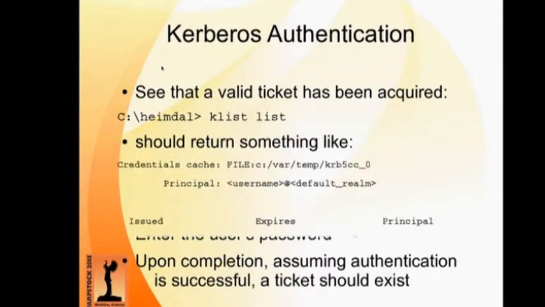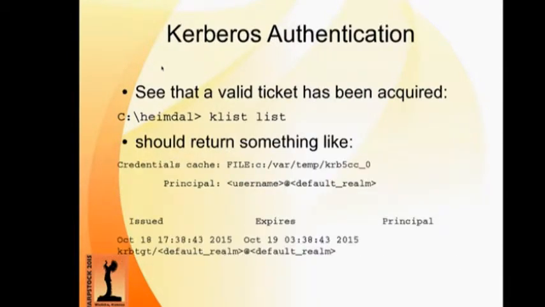And to see what your tickets look like, because you can have multiple tickets, you can authenticate to multiple ticket granting servers and get different tickets for different things, you run klist. On MIT Kerberos, all you need to do is type klist. On Heimdal, it's klist list, because klist does other things.